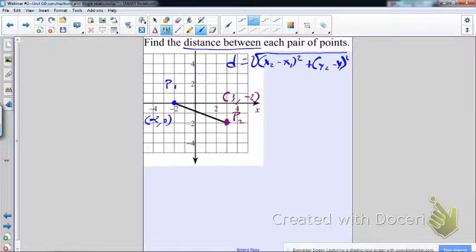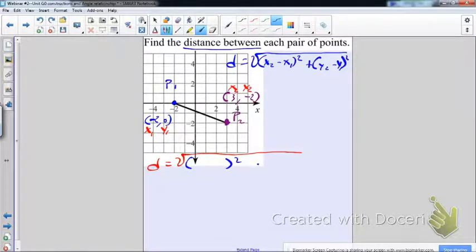Every point has an X and a Y to it. You just got to know where they come from. So for example, this negative 2 is an X, we know that, but it also comes from point 1, so we label it X1. The 0 is a Y value, and it comes from point 1, so it's Y1. We do the same thing with X2, Y2, and then we just learn to substitute everything into the formula that's given to us. So I'm going to go ahead and do that now.